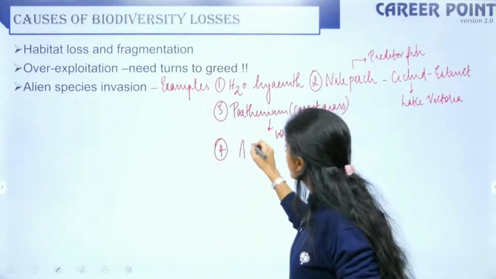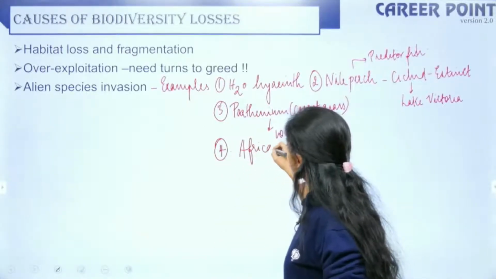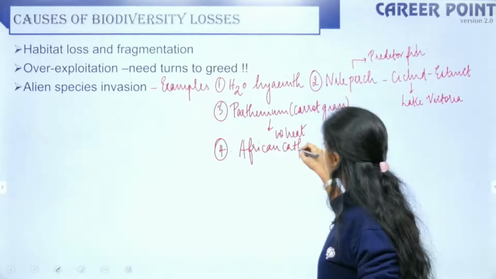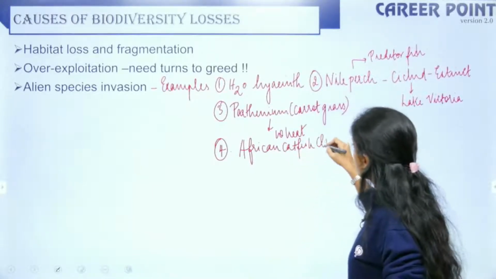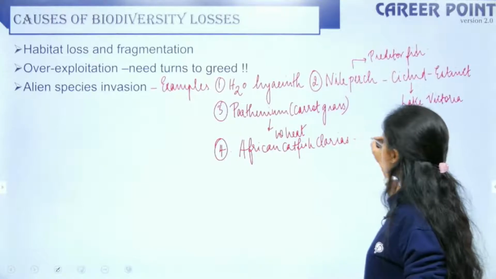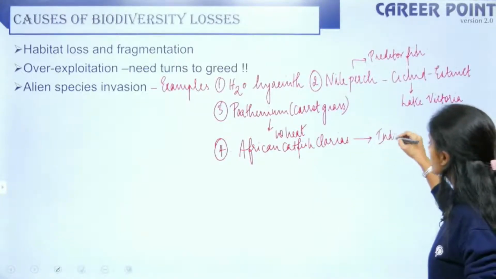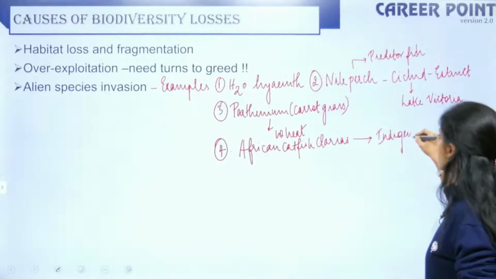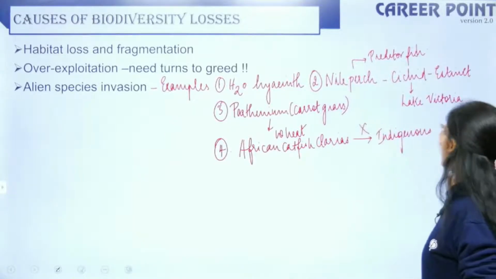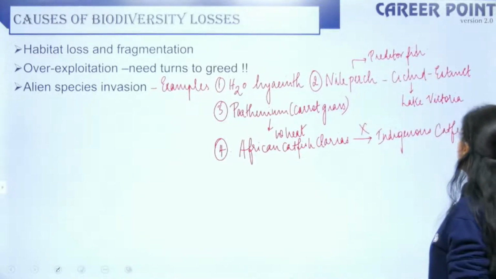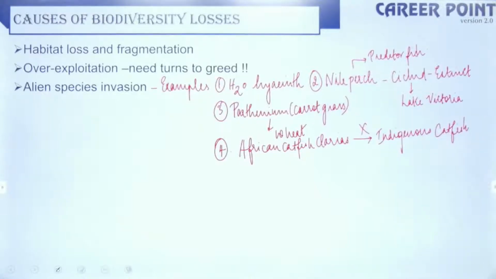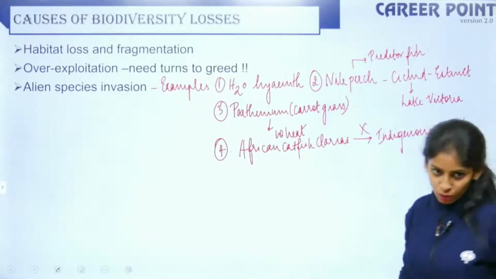You have an African catfish, that is known as Clarias. This does not allow the native or indigenous catfishes to live. This destroys indigenous catfishes. So these are some of the examples of your alien species invasion.